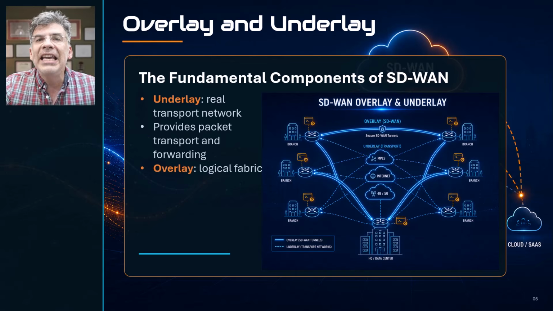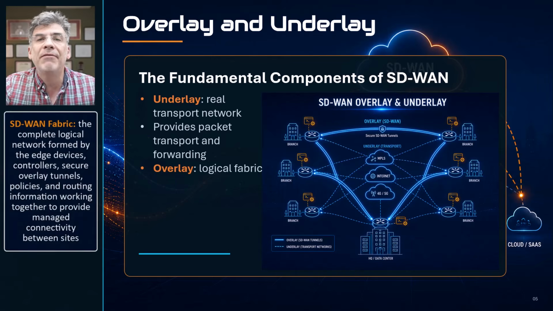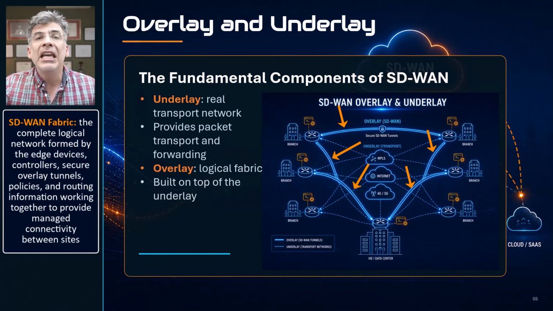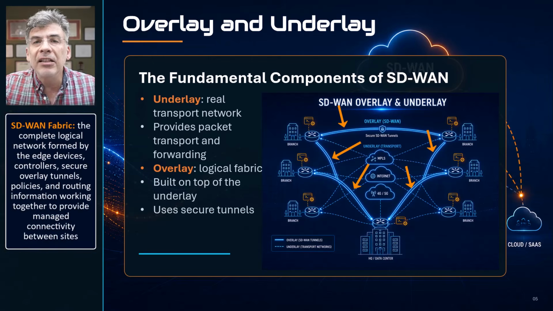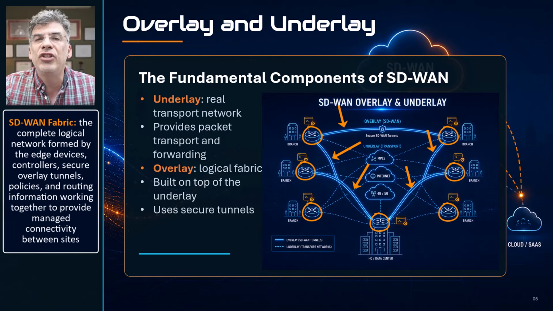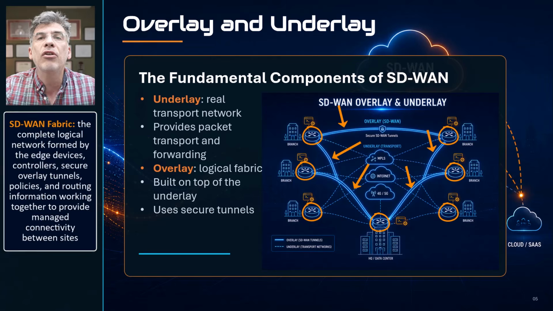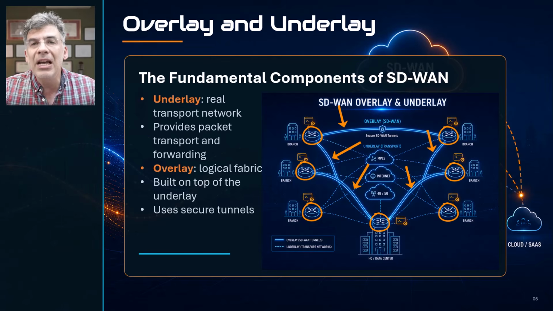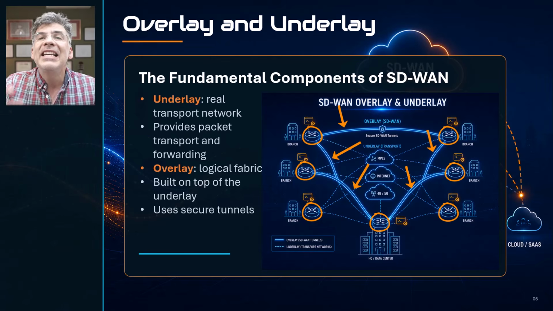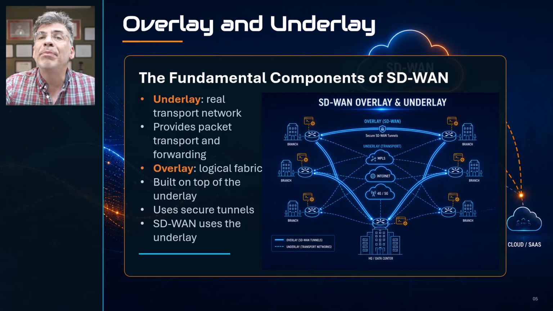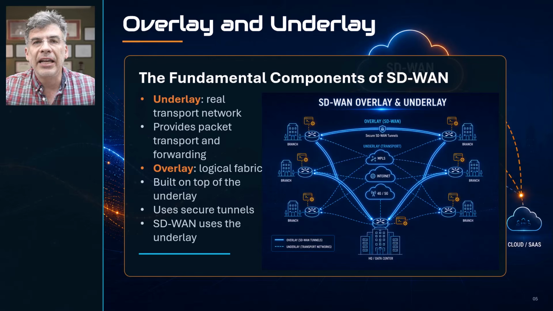The overlay is the logical SD-WAN fabric built on top of those transports. The overlay usually uses secure tunnels between SD-WAN edge devices. These tunnels allow different sites to communicate across different transport networks as part of one single WAN fabric. So SD-WAN does not replace the underlay, it actually uses the underlay.